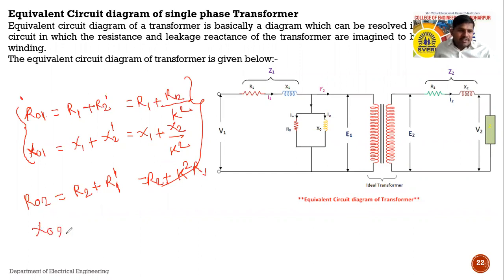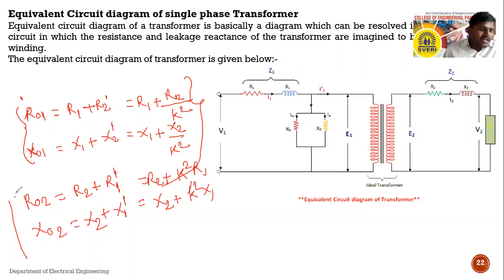Similarly for reactance, X02 is the secondary reactance X2 plus the transferred value of reactance X1 dash, which is X2 plus K square into X1, right? So all of you write this formula. It is useful while calculating a problem.